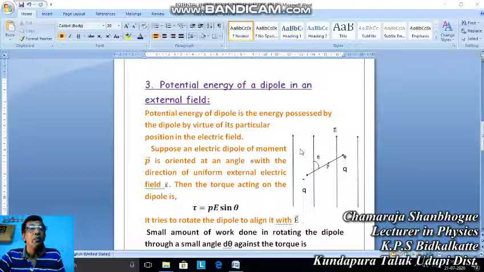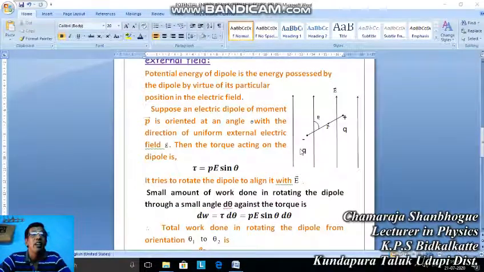To derive the expression for potential energy of a dipole in an external electric field, we consider a dipole having charge minus q and plus q. Electric dipole moment is P, placed in the region of uniform electric field E. Why uniform electric field? Because the electric field lines are parallel and directed upwards.